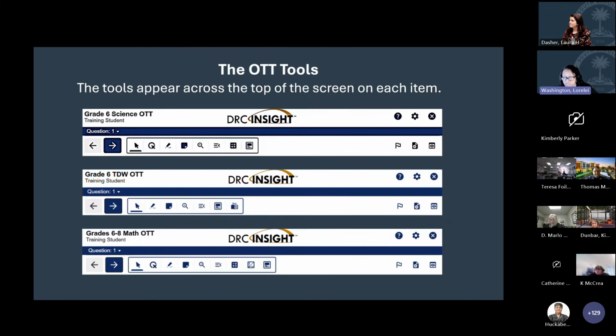For some items where you have a measurement, that's when the measurement tool will pop up, and on other items it may not. So it's important that students look at those toolbars, are familiar with what's on the toolbar and how to use them, and know that they have access to those tools.